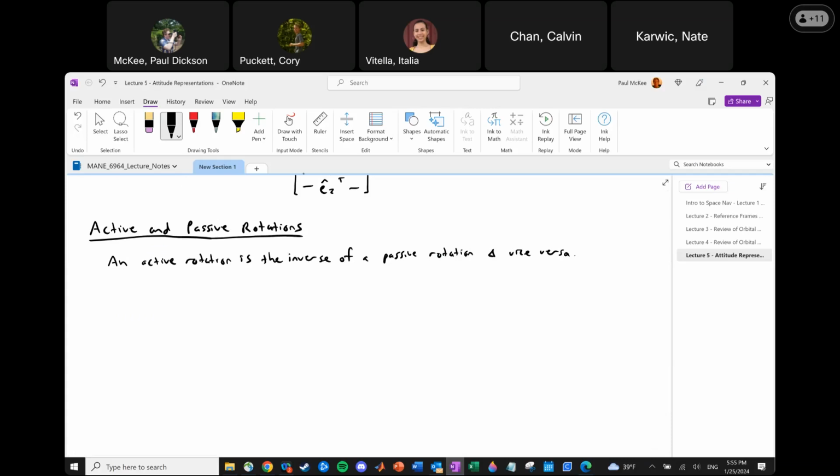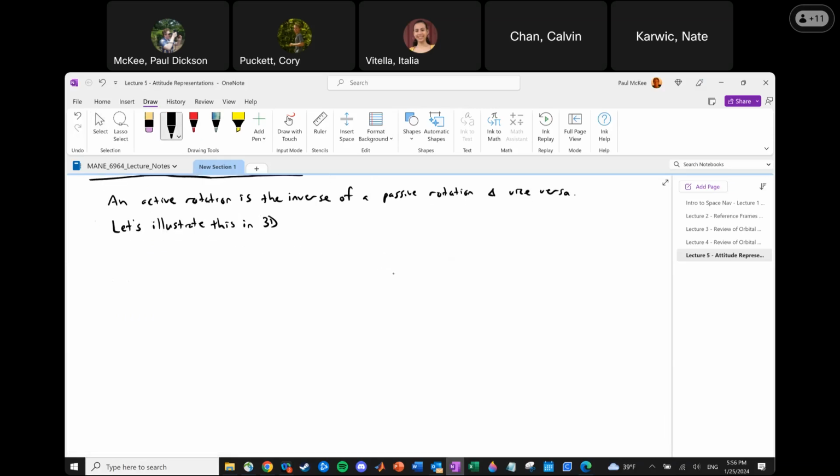So we're going to illustrate this in 3D. And this diagram that I'm about to draw is what made it click for me, so I hope it helps for you as well.